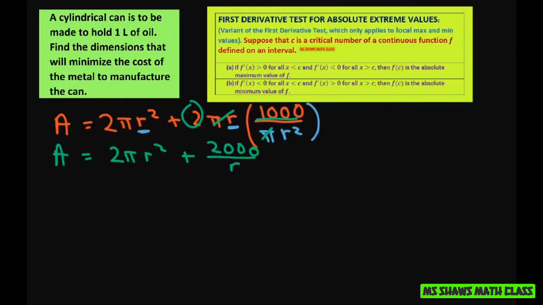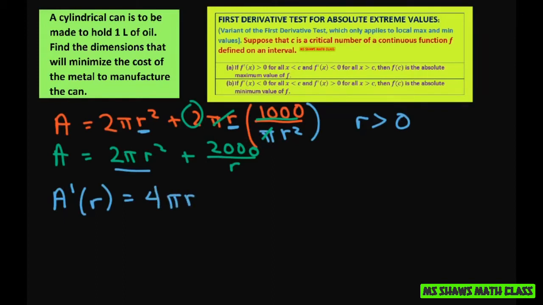Now we want to minimize this. Remember, r has to be positive and greater than 0. It can't be 0. So we're going to find the critical numbers. A prime of r, differentiating, is going to be 4 pi r.